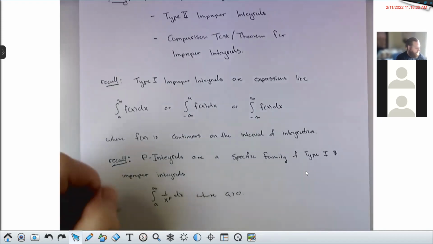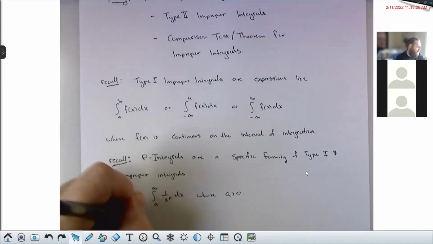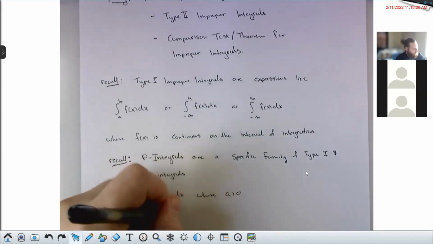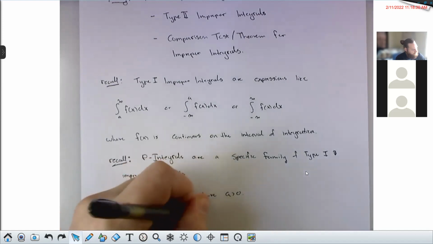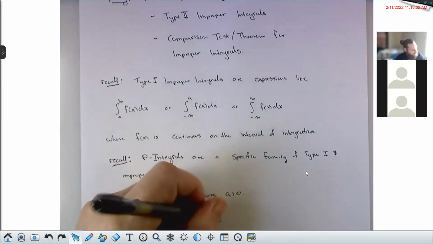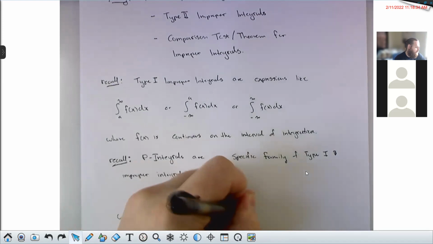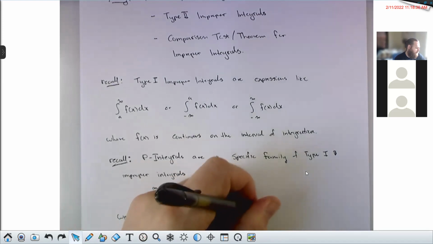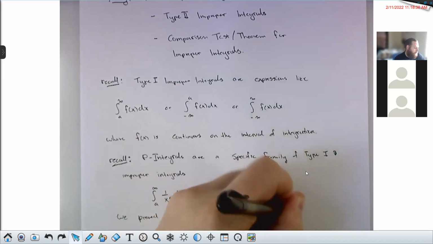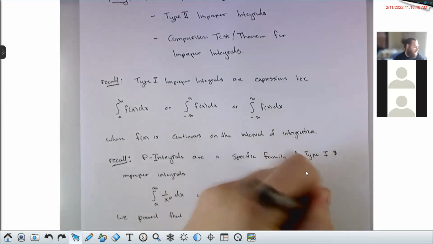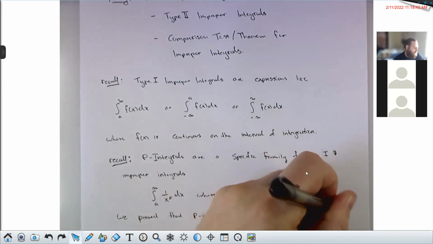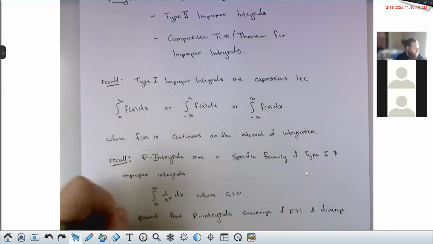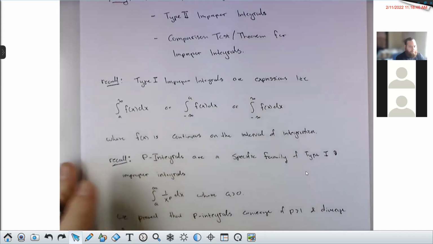And our theorem, we proved that p integrals converge if p is bigger than 1 and diverge if p is less than or equal to 1.